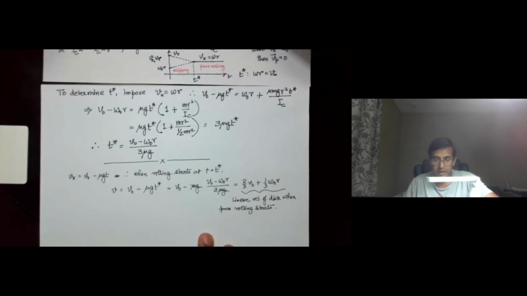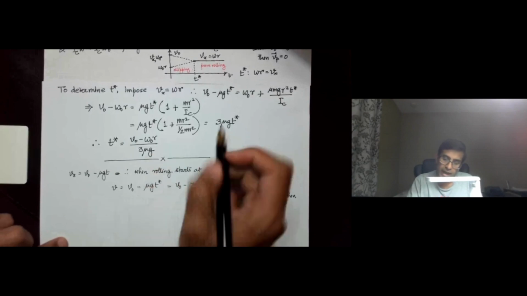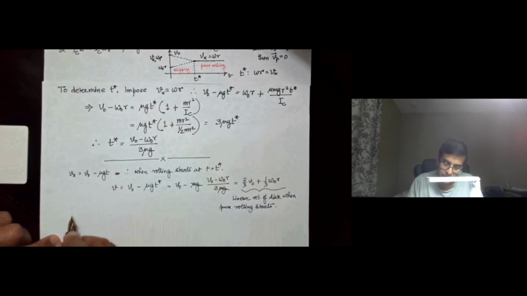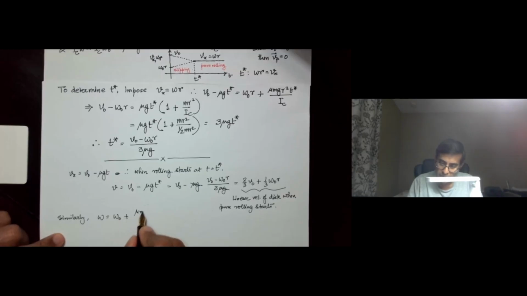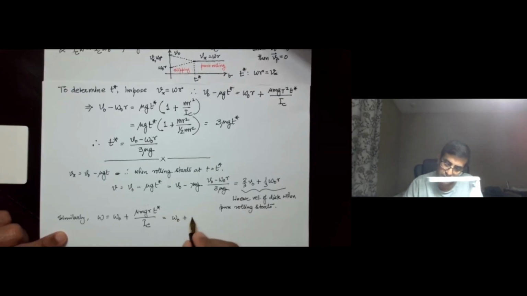Now similarly, we can find the angular velocity when pure rolling starts. Omega is equal to omega naught plus mu m g r t star divided by IC. So simplifying, this is omega naught plus mu m g r, and IC is half m r squared, times t star.